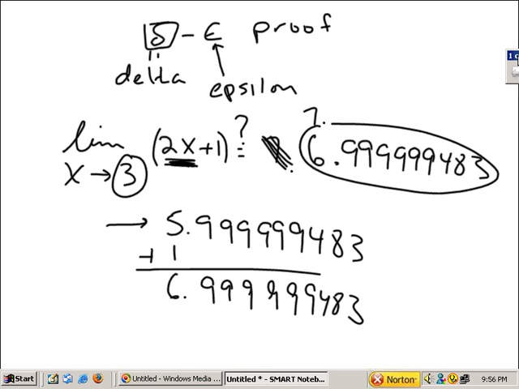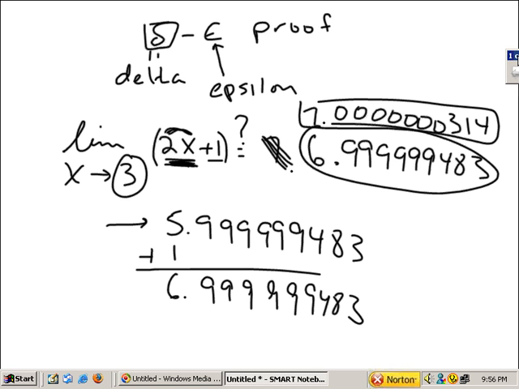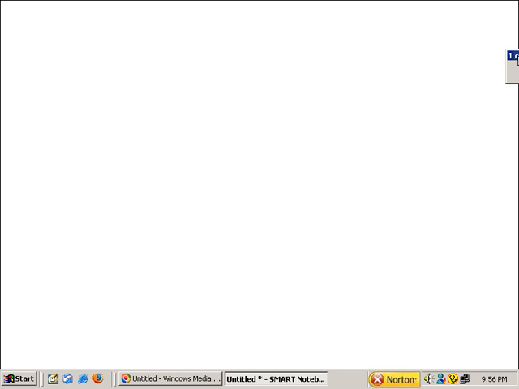Or somebody can say 7.000000314. X is really close to 3, but a little bit more. When you double it, you get a little bit more than 6. Add 1, get a little bit more than 7. Why is that not the limit? So let's argue it from a very strong viewpoint and see what happens.